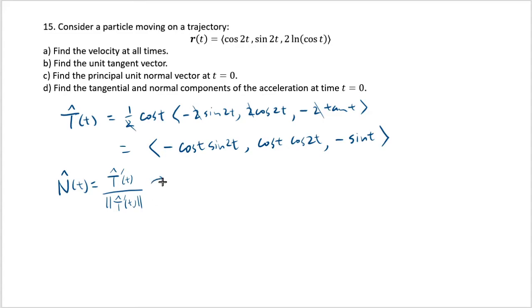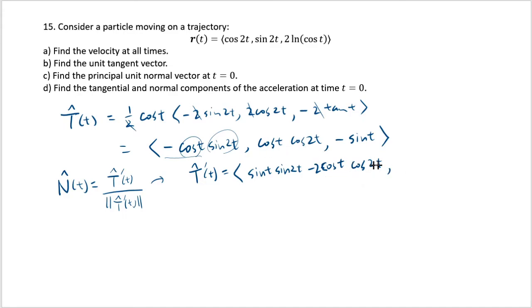So we will have to do two things. First, you have to differentiate this. And that would require the product rule because it's multiplied, right? So first, if you differentiate negative cosine t, leaving sine 2t... no, negative cosine t, but differentiate sine 2t, which is cosine 2t, but there's a 2 in front because of the chain rule.